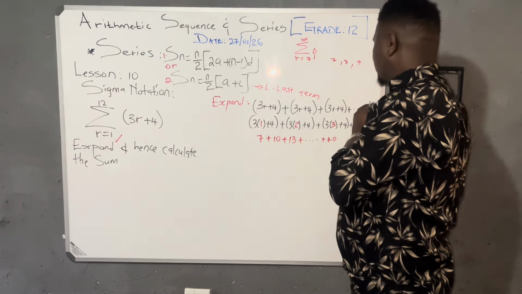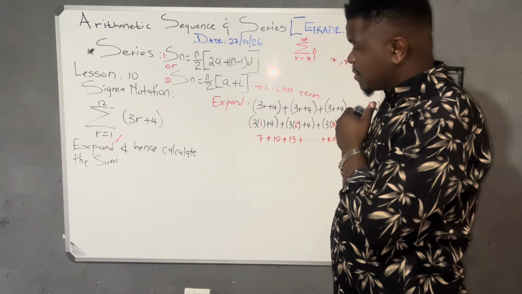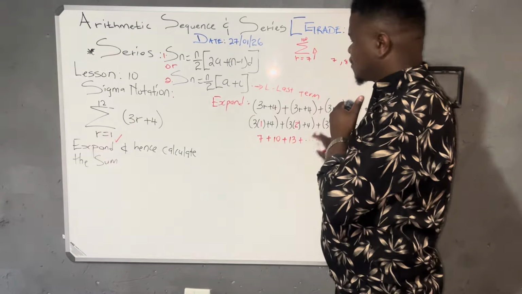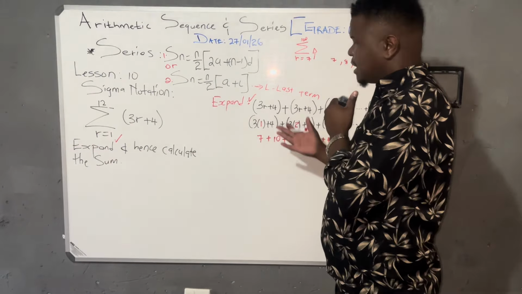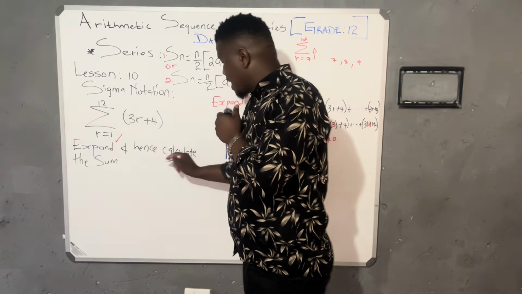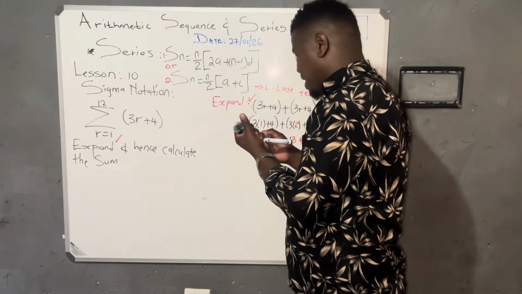So there is 40. We have something like this from the previous lesson, maybe lesson number 9 or 8, because now we expanded. We are done with the expanded. We put this in expanded notation. Now they say to you, hence now calculate the sum. They are looking for Sn.